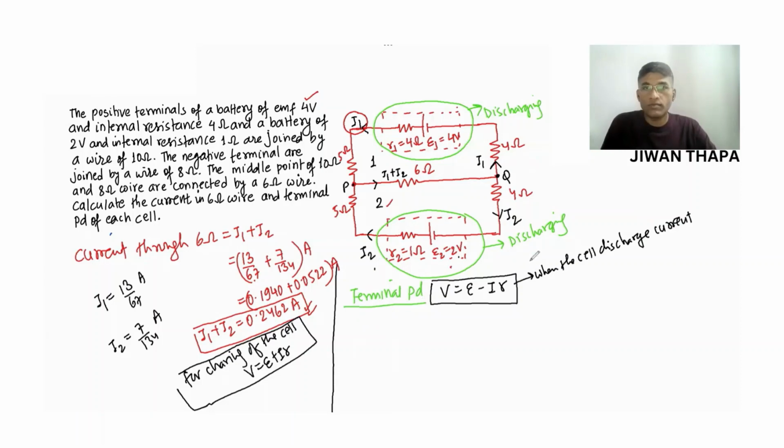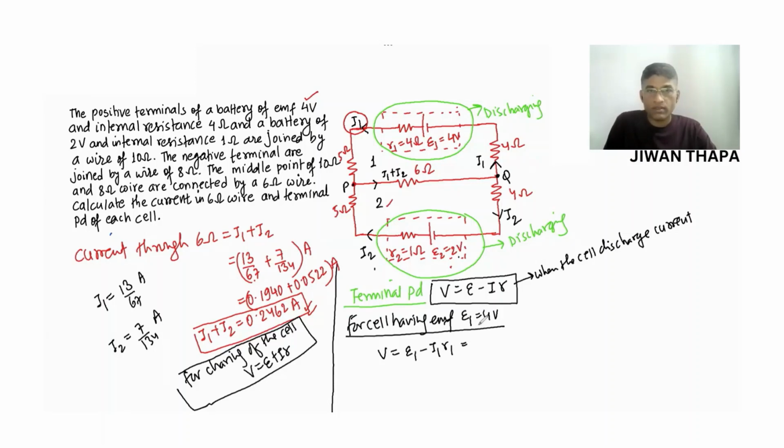So what do we do? For cell having EMF E1 equals 4 volt, what we find, terminal PD, let's say V equals EMF E, 4 volt, minus I1 times R1, or E1 minus I1 R1.